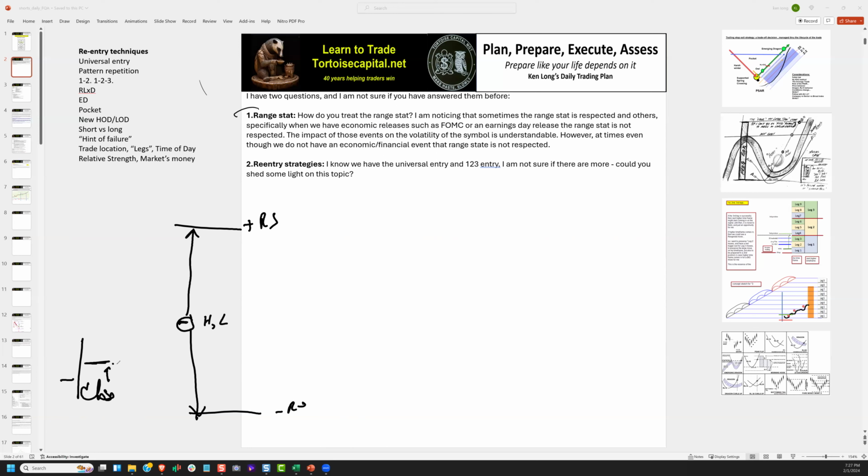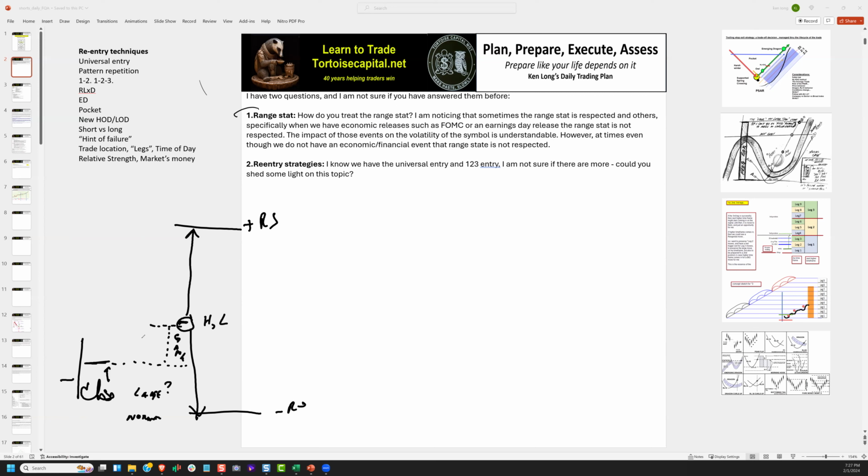Now I can find out the percentage of the gap and say, was this large or normal?